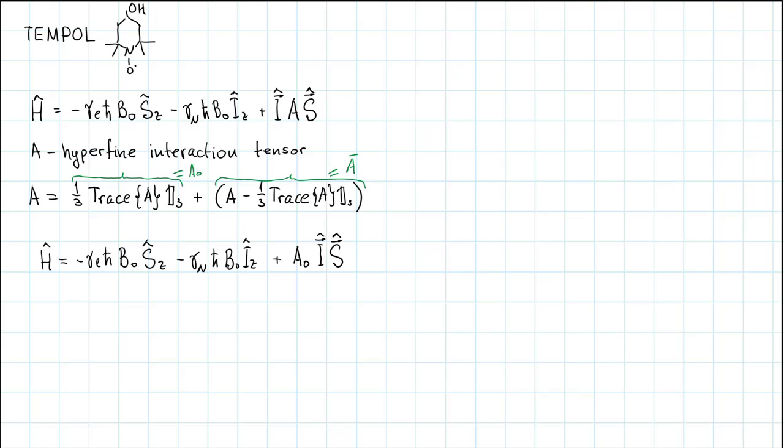The scalar product of the vectors I and S can be substituted just with the product of the z components Iz and Sz.